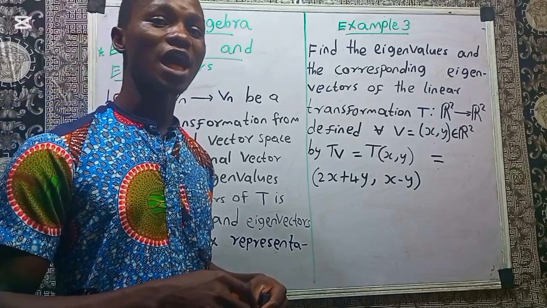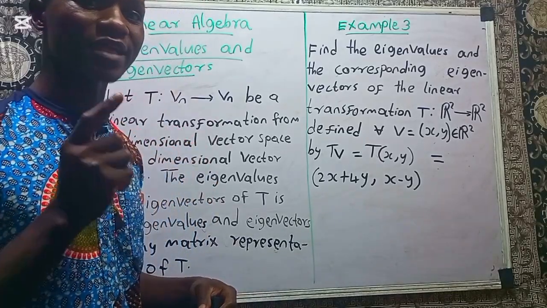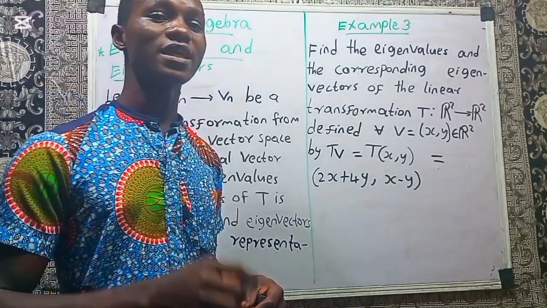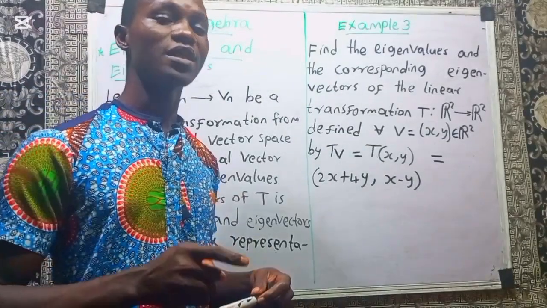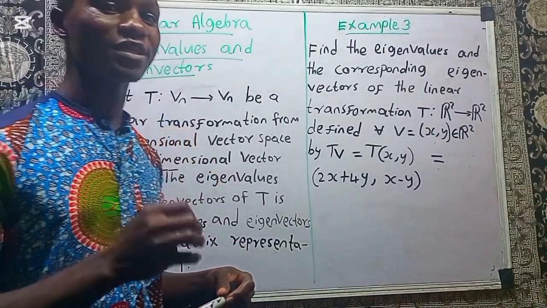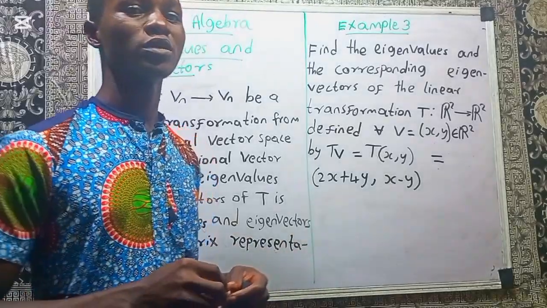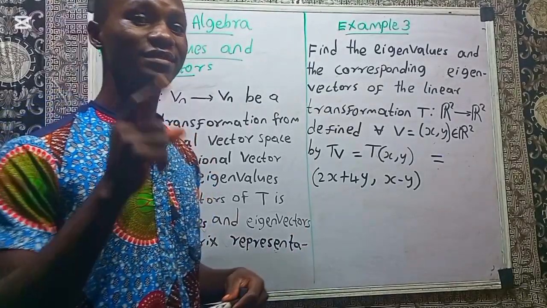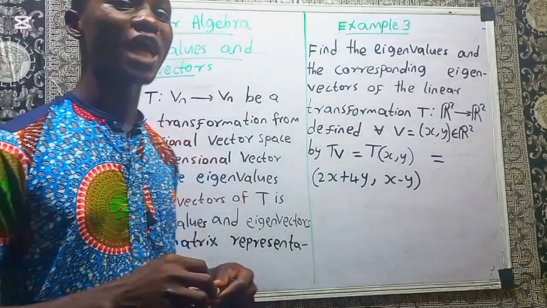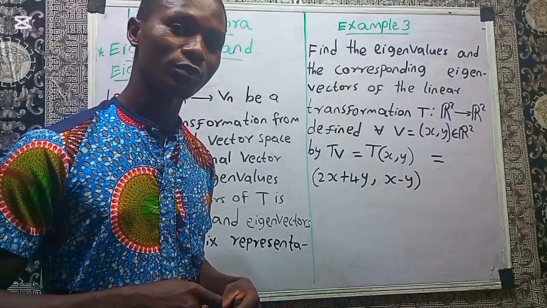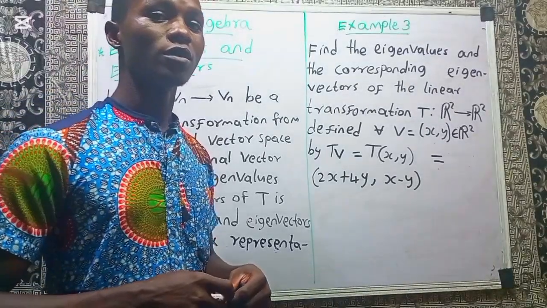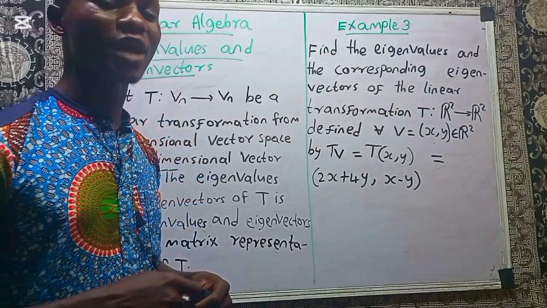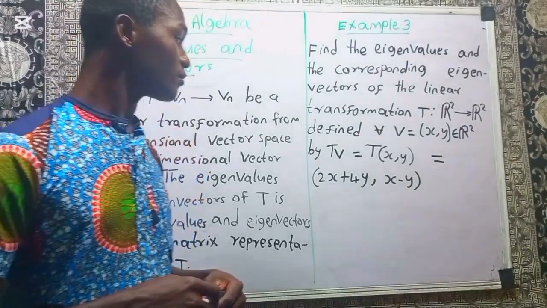Now, if you have two matrix representations of a linear transformation, let me say A is a matrix representation of a linear transformation and B is a matrix representation of that same linear transformation with respect to different bases. Then matrix A and matrix B will have the same characteristic polynomial. In other words, they will have the same characteristic equation, which means that they will have the same eigenvalues.